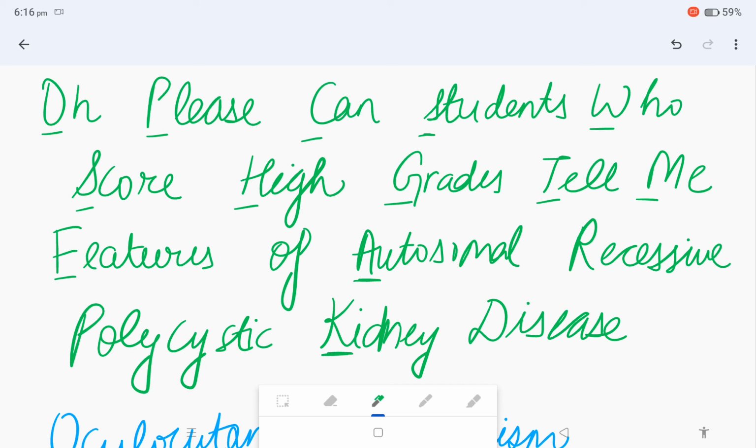Then the hematopoietic diseases which are autosomal recessive are sickle cell and thalassemia. And the other ones which are left: Huntington's and myotonic were autosomal dominant, but Friedreich ataxia is autosomal recessive. So that is in a nutshell how we will remember this.